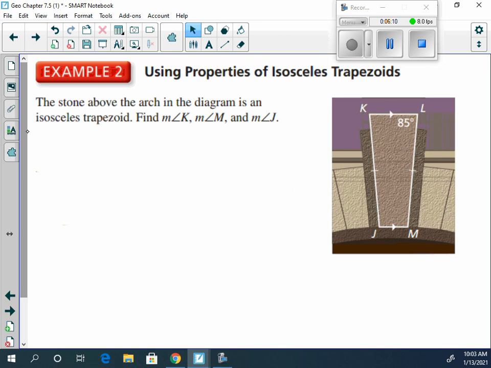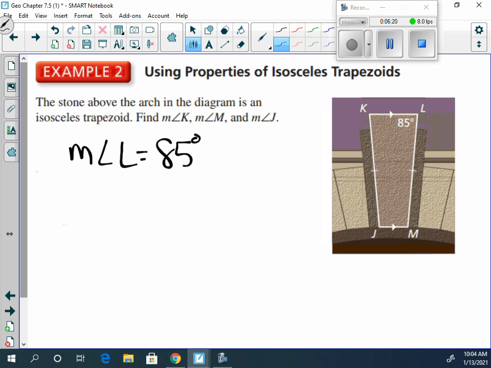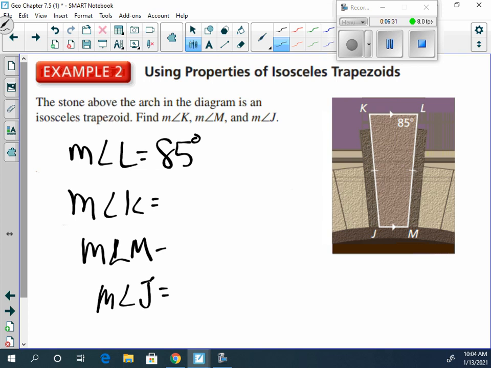So we know that the measure of angle L is 85 degrees, and we want to find the measure of angle K, angle M, and angle J. Is there any one of those in particular that we can say for certainty what it is already?